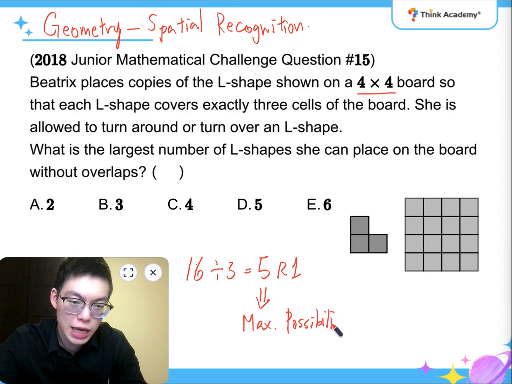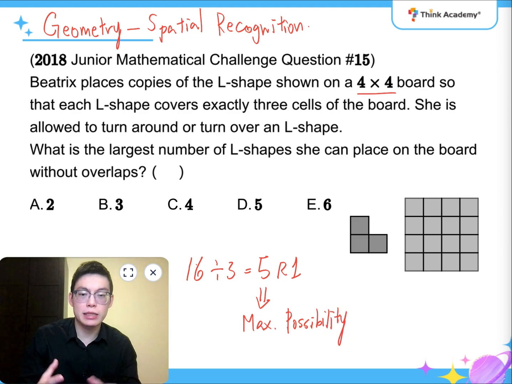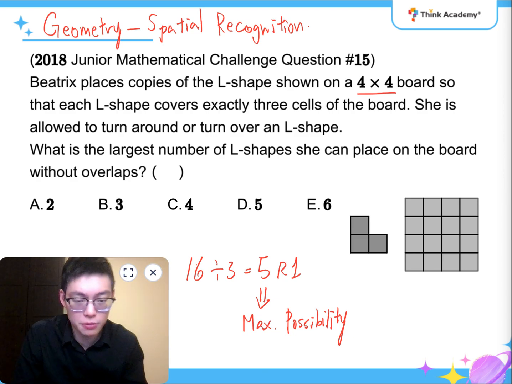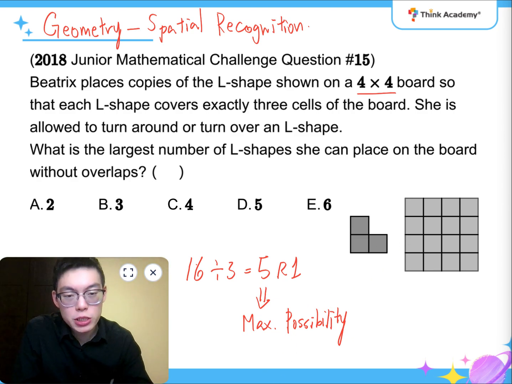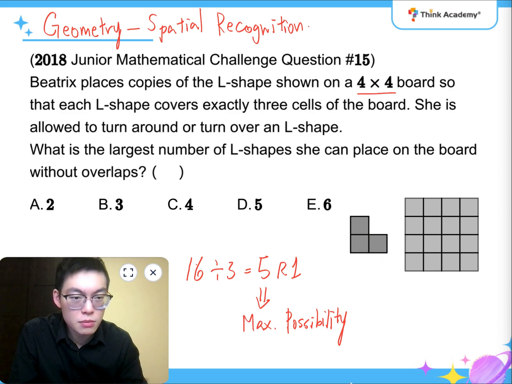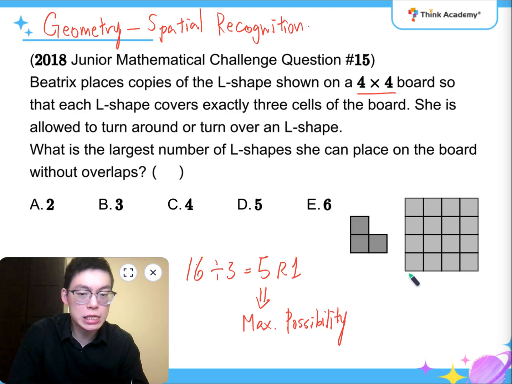So we do not have to bother trying to put 6 L shapes into the grid because that's impossible. Now let's see if we can put 5 of these L shapes into the grid.